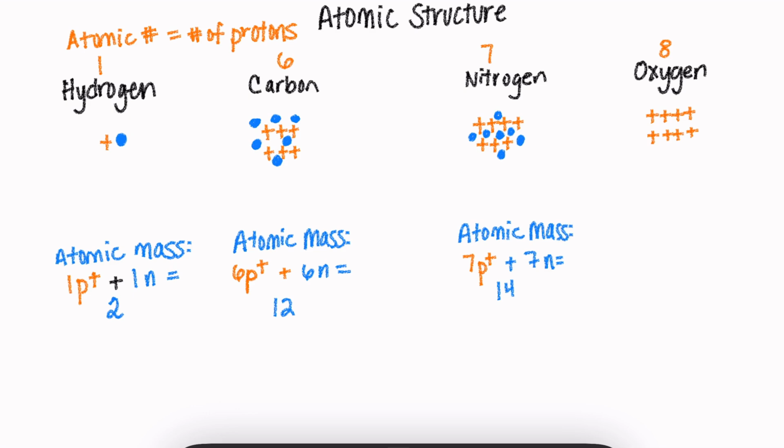See how the electrons don't matter to figure out the mass. And then last we come to oxygen, and it too will typically have the same number of neutrons, 8. So we can go 8 protons plus 8 neutrons equals a mass of 16.